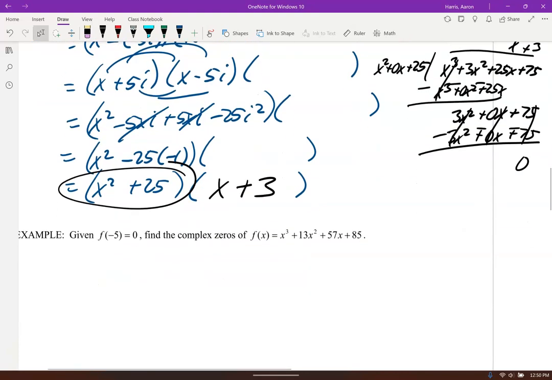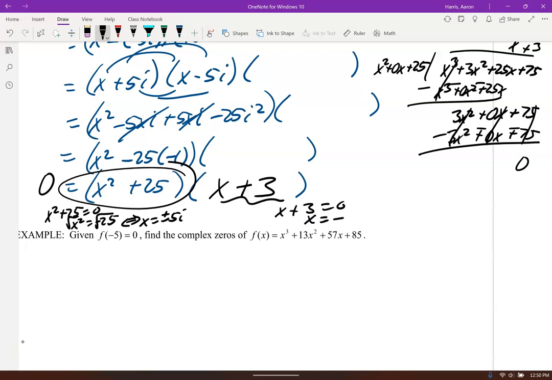So what's our other zero? Well, we already know x squared plus 25 gives us, when I take the 25 to the other side and square root, the plus or minus 5i. But there's our other one. We just found it. Negative 3.